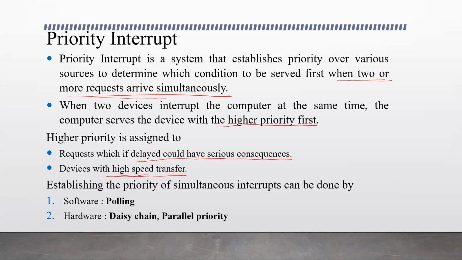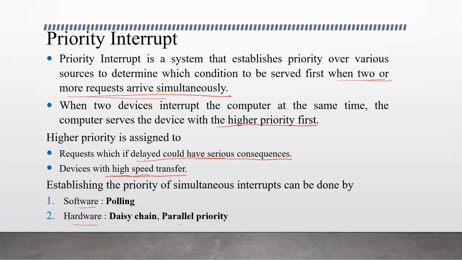There are different interrupts coming at the same time, so it needs to be decided which particular interrupt needs to be served immediately. Establishing the priority of simultaneous interrupts can be done by two methods, either by software or by hardware. Polling is the method that uses software to establish the priority. And there are two other methods, daisy chain and parallel priority.